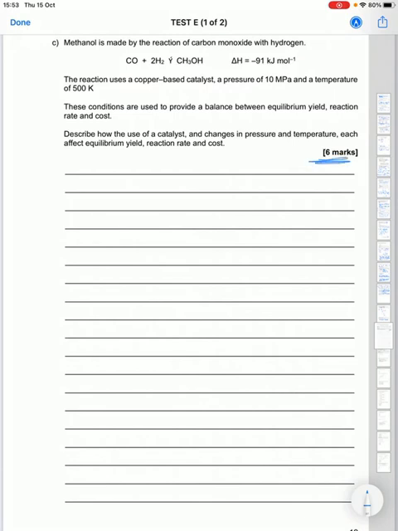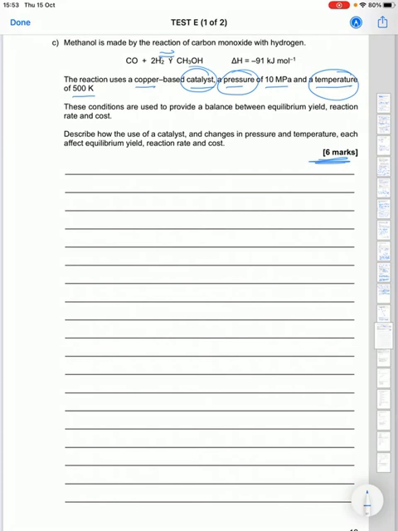Okay, so 6 marks here. This is going to be a levelled response question. Methanol is made by the reaction of carbon monoxide with hydrogen, so that's going to be an equilibrium there. The reaction uses a copper-based catalyst, so I need to talk about a catalyst. Pressure of 10 megapascals, so I'm going to talk about pressure, and temperature of 500 Kelvin.